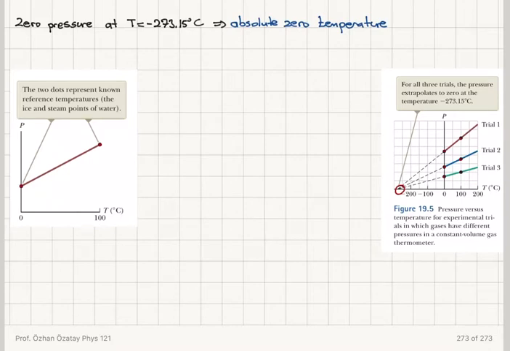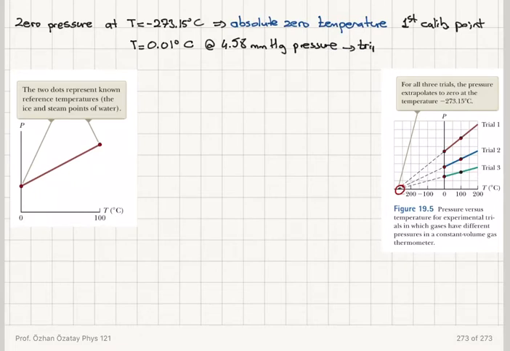In order to create a new temperature scale out of this point as one calibration point, I have to choose one more calibration point. So this is the first calibration point. Now if I choose another calibration point, which is another very reproducible point, temperature is equal to 0.01 degrees C at 4.58 millimeter mercury pressure for the triple point of water.